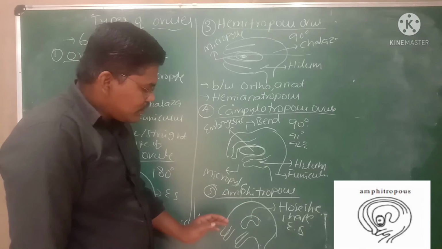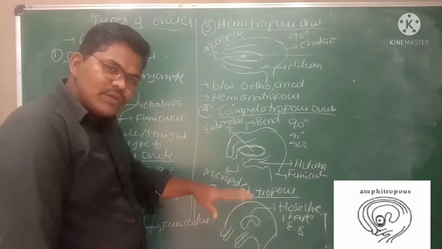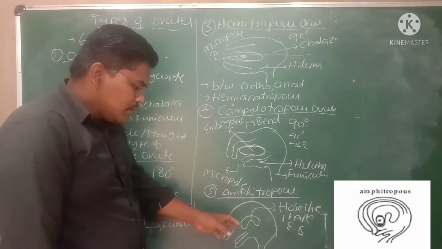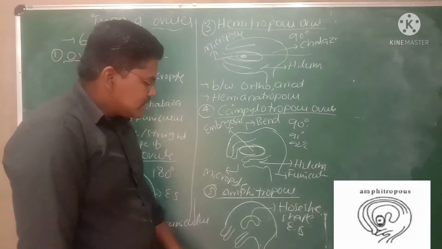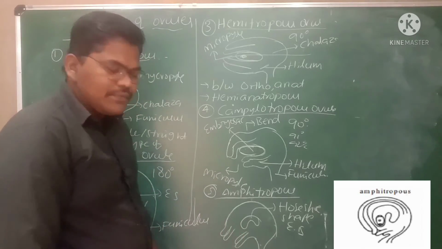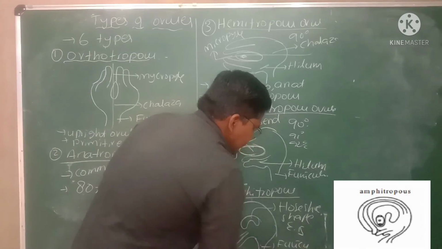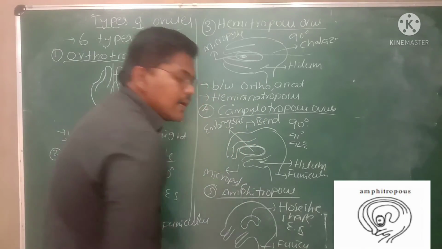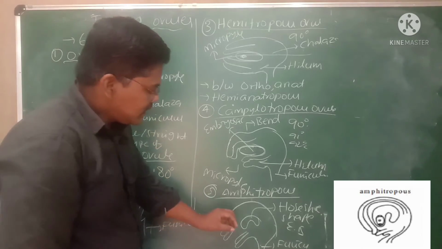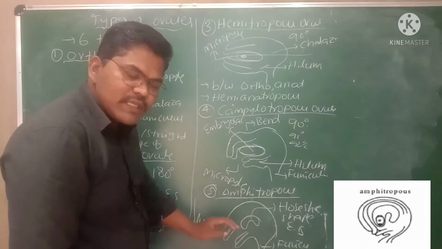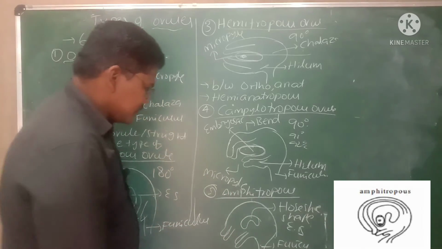The ovule rotates more than 90 degrees from the funiculus. Here also the micropyle is near to the hilum. Mainly we have to see the bending, horseshoe-shaped embryo sac in the amphitropous ovule.